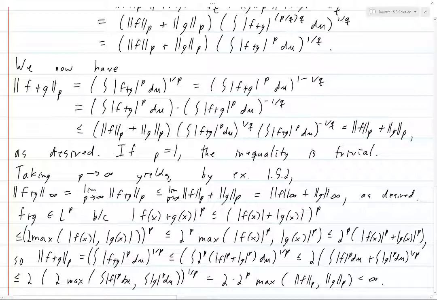It does seem, because we're taking the maximum in order to get the inequality to work, that we're doing it twice, and that shouldn't be necessary. But I don't know, maybe it is.